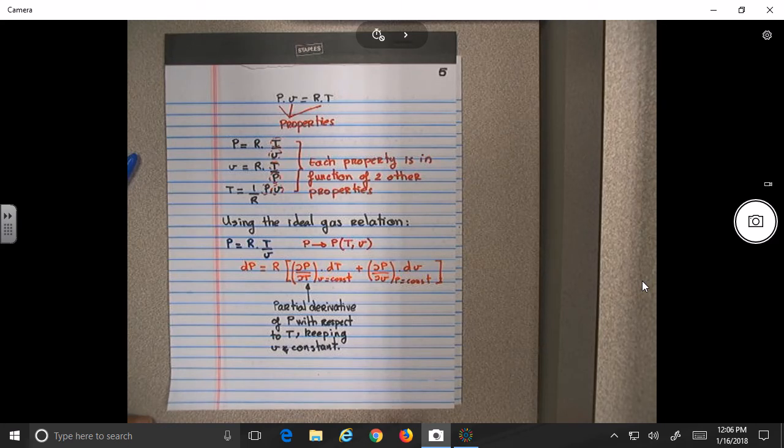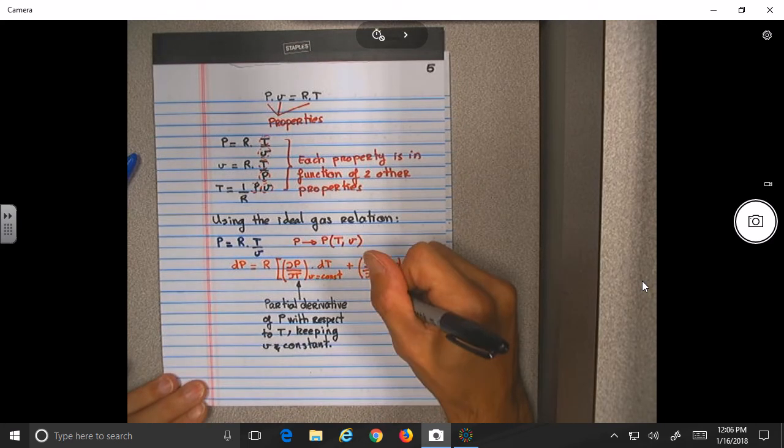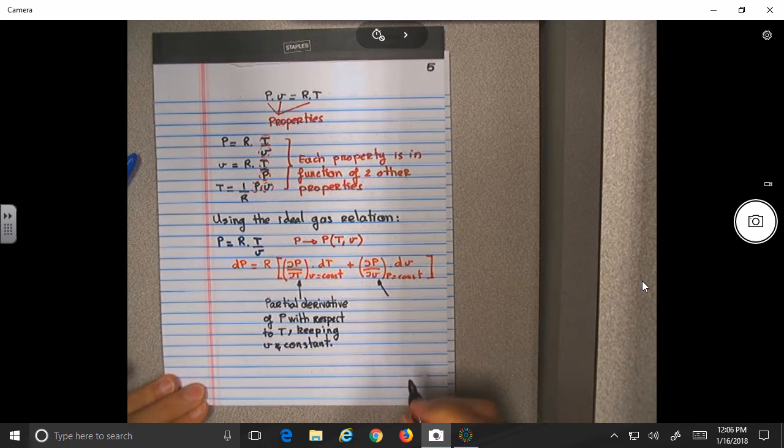Okay? That's why you need partial derivatives. Okay. This one, if we say the same thing, what would this one be?